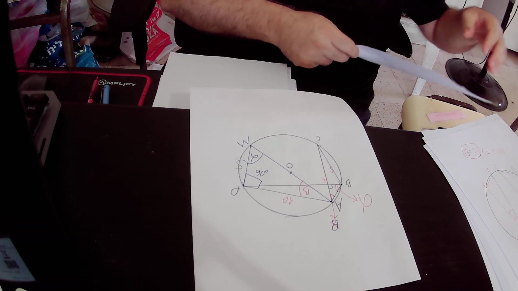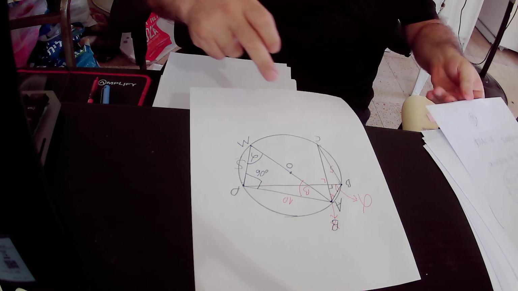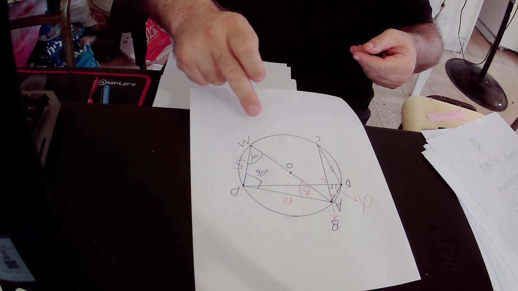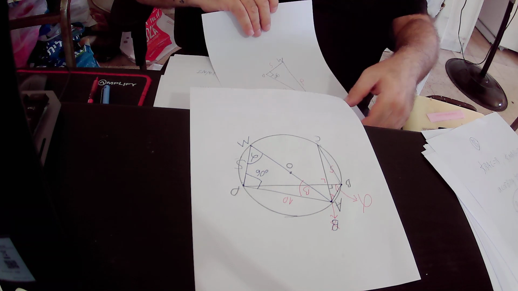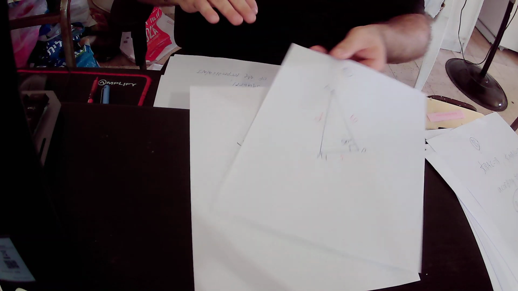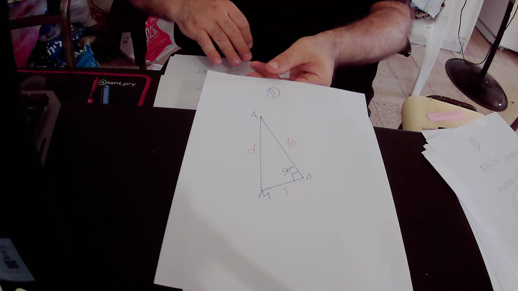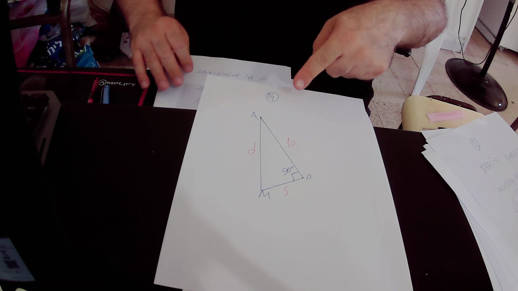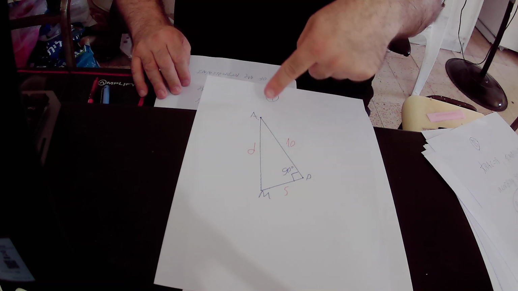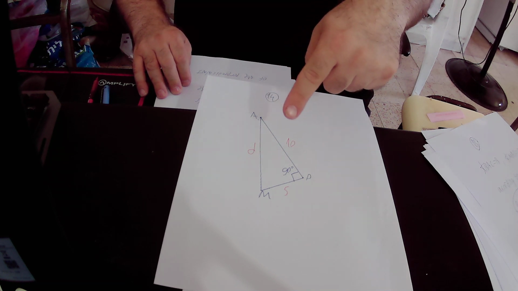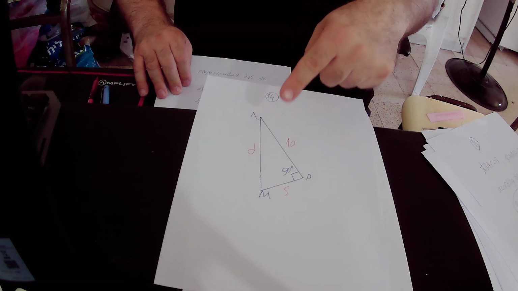So I draw right triangle ADM again. In right triangle ADM, AD equals 10 units, MD equals 5 units, and AM is the diameter of the circle.